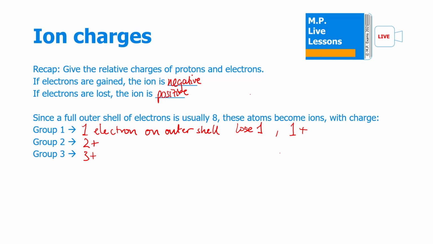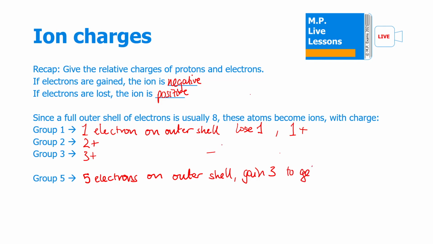Now the other 3 you need to know are non-metals. So these start with, let's say, group 5. So these have 5 electrons on their outer shell. You need to gain 3 to get 8. That's your full outer shell.